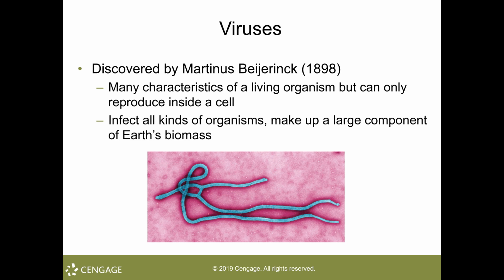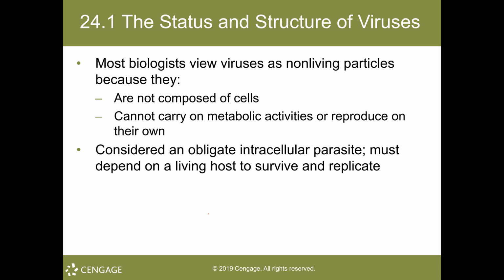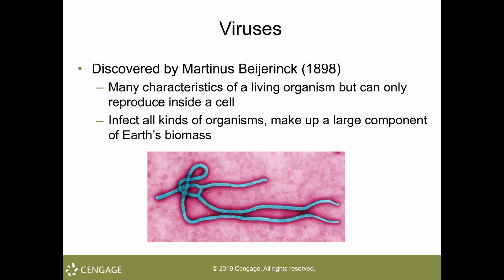Curiously, they could not be grown in laboratory cultures unless living cells were present. The development of the electron microscope in the 1930s made it possible to see viruses for the first time. Most viruses that infect animals, plants, and bacteria were identified during the second half of the 20th century.